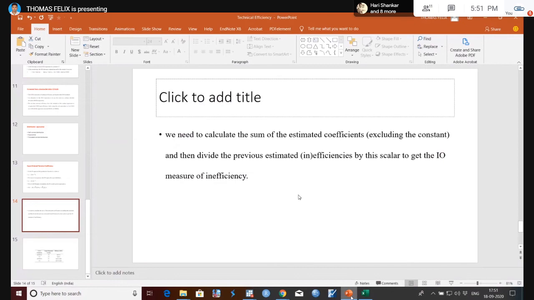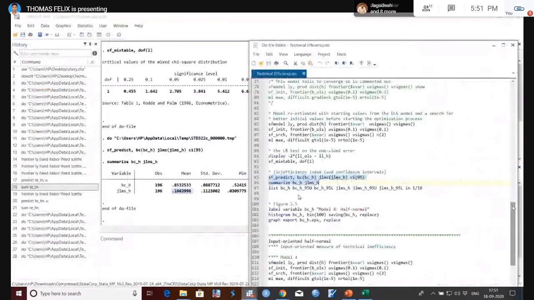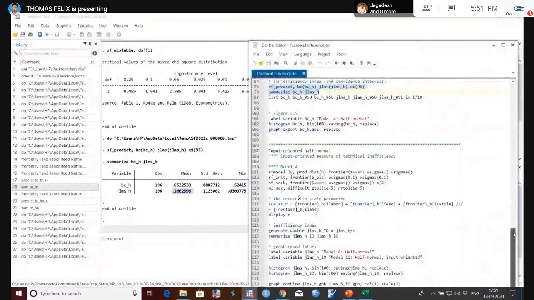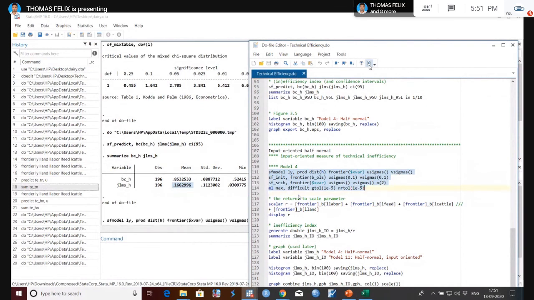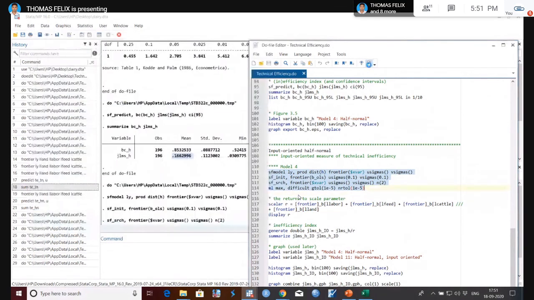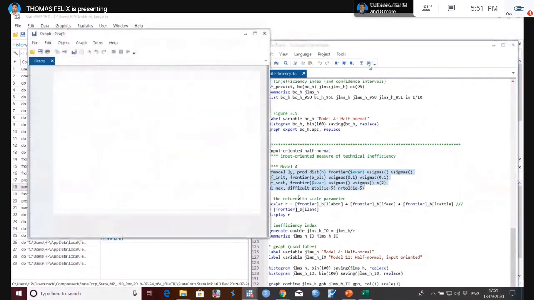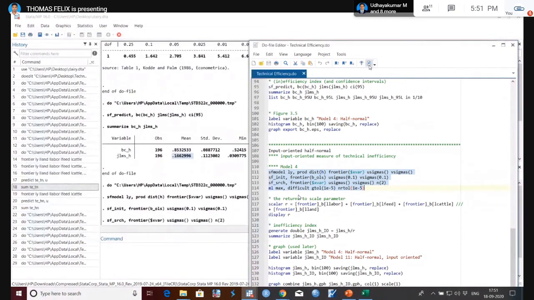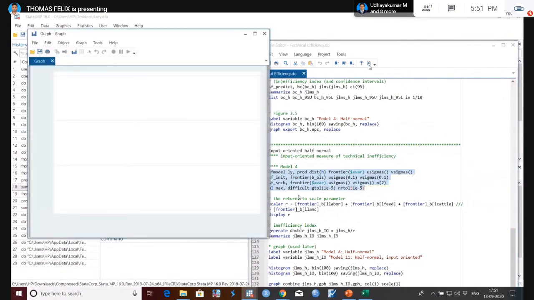Now I am going to use the stochastic frontier, that is the input oriented approach. After running the input approach, I need to calculate the return to scale. As I said, I need to adjust the return to scale with the inefficiency values.